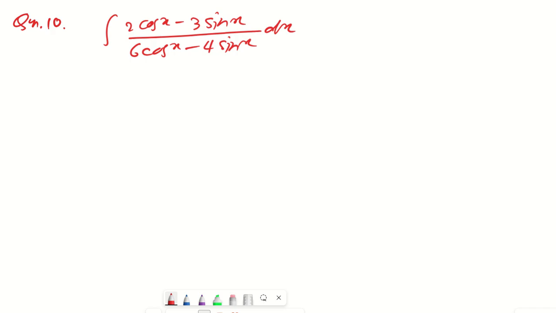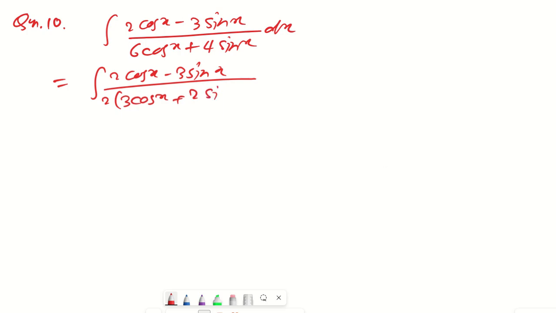So can we do that? Let's take 2 common, so we get the integration of 2 cos x minus 3 sin x divided by 2 times 3 cos x plus 2 sin x, dx.